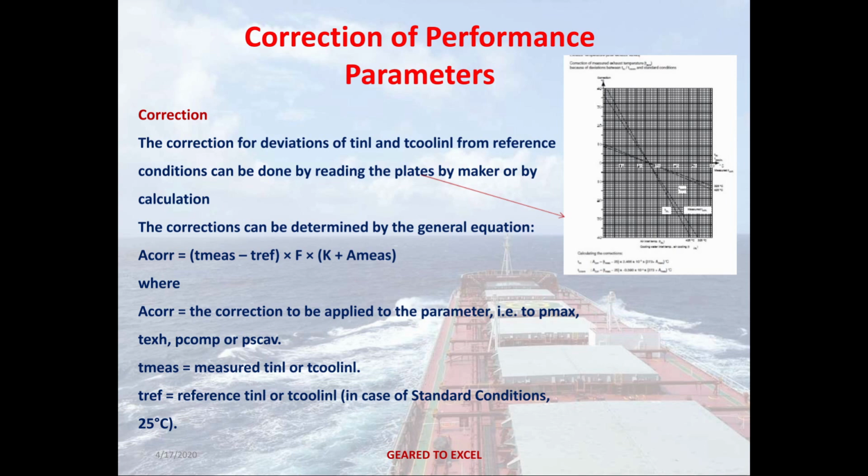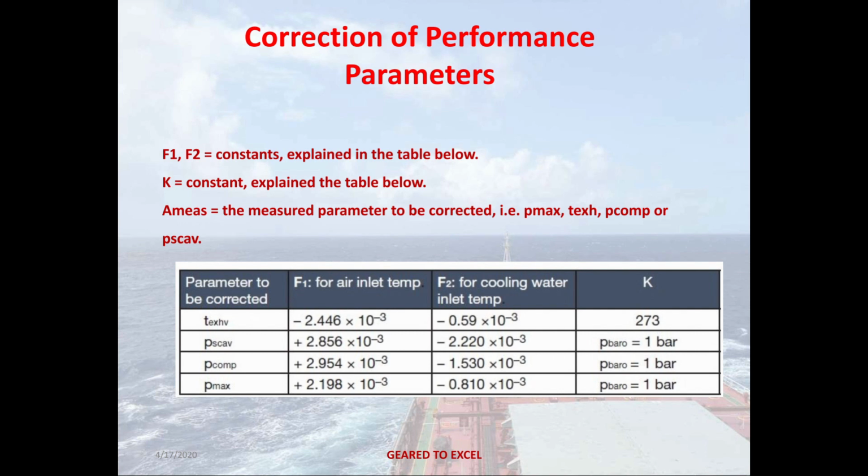F1, F2 are constants explained in the table below. This is F1 for air inlet temperature and F2 for cooling water inlet temperature. K is a constant explained in the table below. This K is 273 degrees for the temperature and 1 bar for the other things.